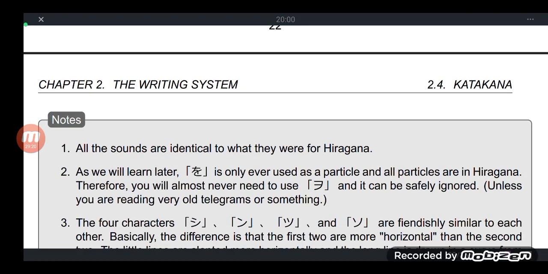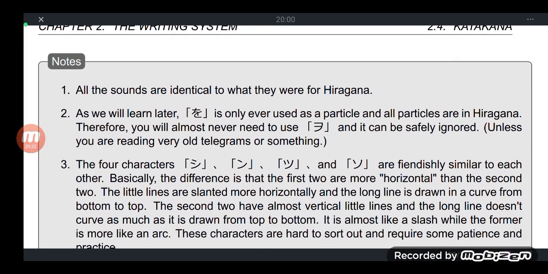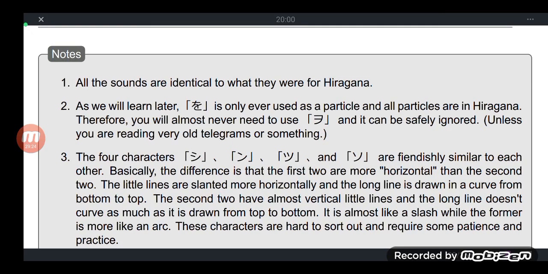Also, as I have discussed earlier, I want to show some notes to remember with regard to katakana. All sounds are identical to what they were for hiragana. As I said a while ago, katakana has sound counterparts just like hiragana.